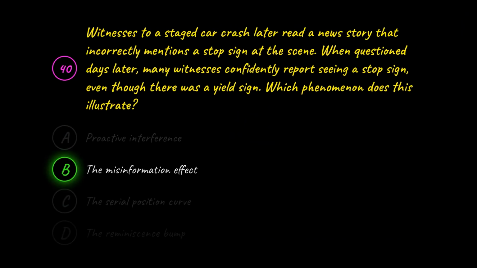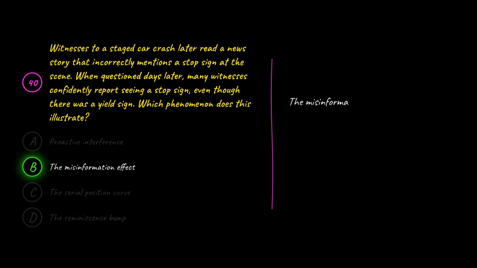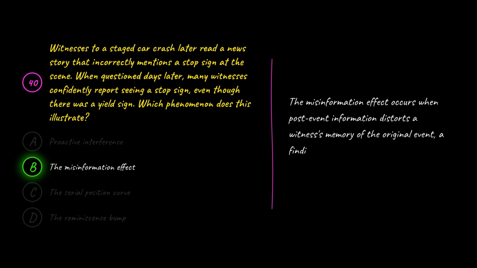The correct answer is B. The misinformation effect. B is correct because the misinformation effect occurs when post-event information distorts a witness's memory of the original event, a finding tied to Loftus's classic work and to the constructive nature of memory.